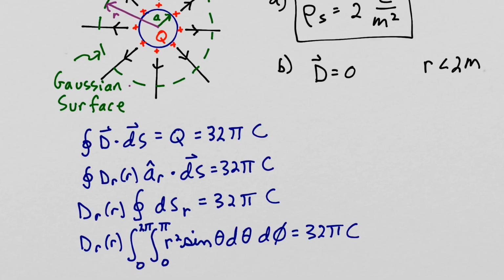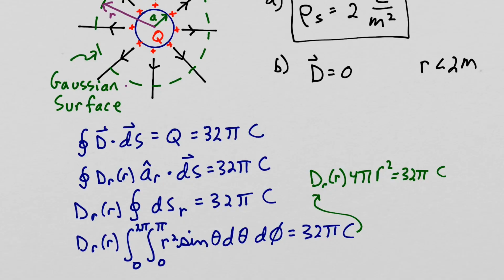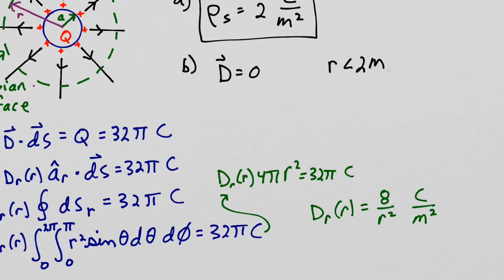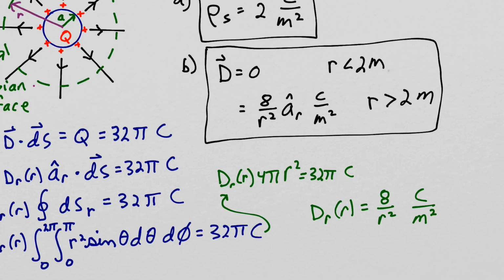So we have D sub r times 4 pi r squared is equal to 32 pi coulombs. So 32 pi over 4 pi r squared is 8 over r squared. And when we put r in meters, we'll get coulombs per meter squared. So here is our electric flux density field everywhere.